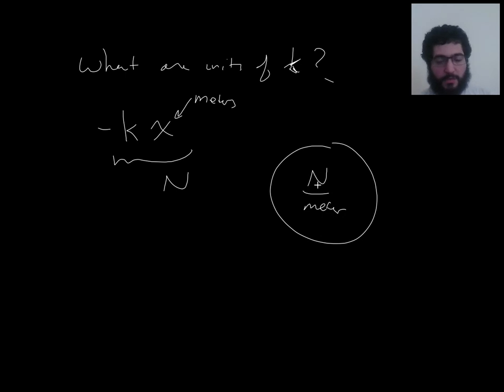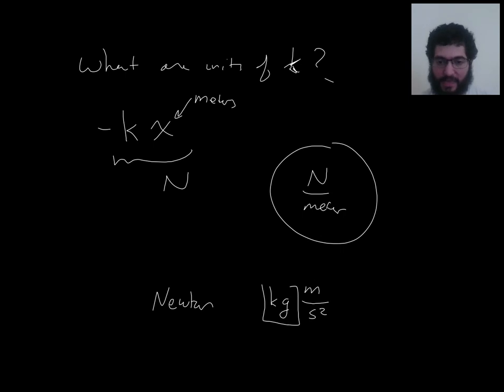But units of force are themselves made out of other units. So a newton is going to be a kilogram meter per second squared. Something like that, however you want to arrange it. So in other words, look at it like this.